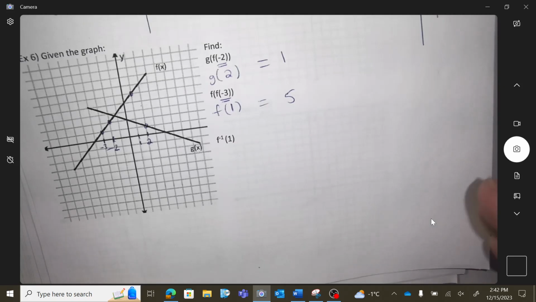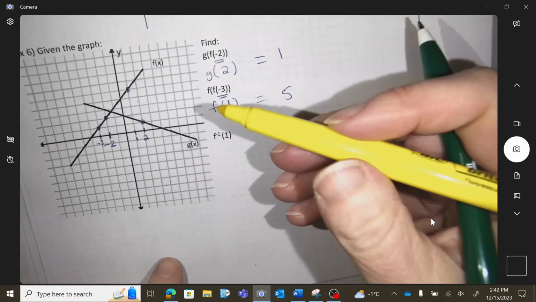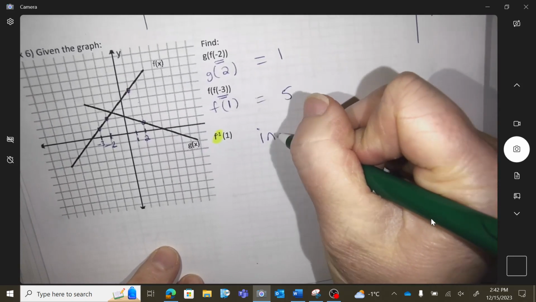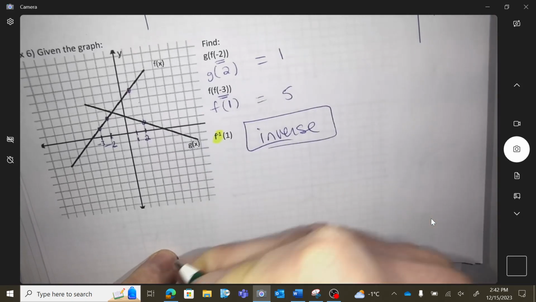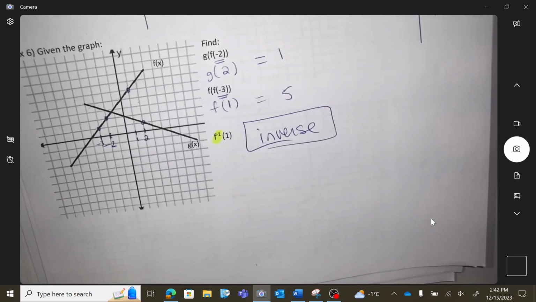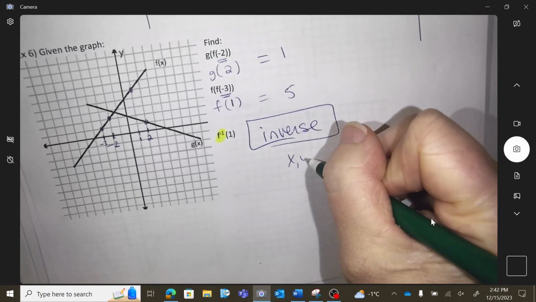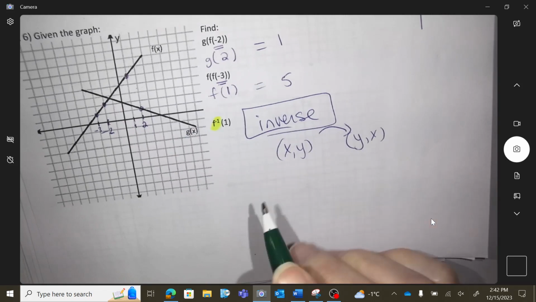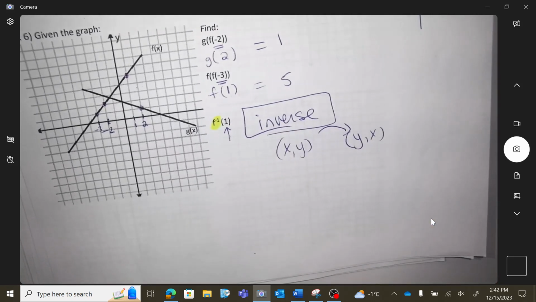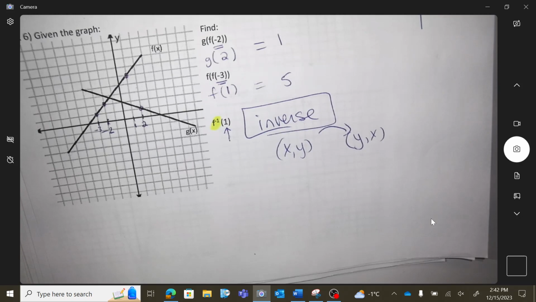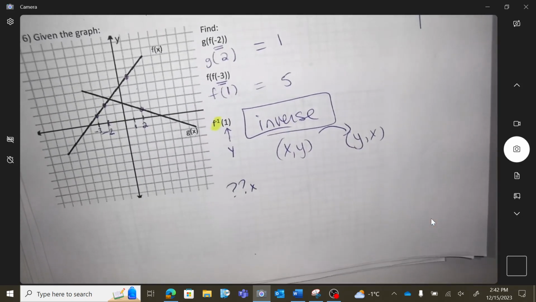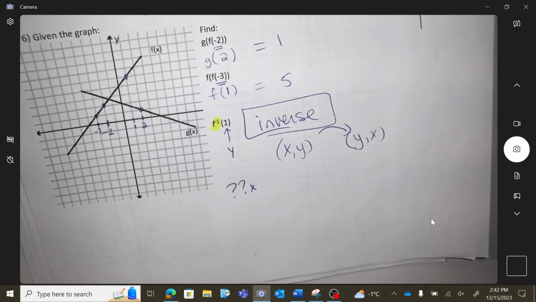Okay, last question. And what in the world does this little symbol mean? Inverse. So what does this inverse function even do in math? They switch places. So what do you think this 1 is representing then? It's the y, and I'm trying to figure out the x value that gets me to a height of 1.